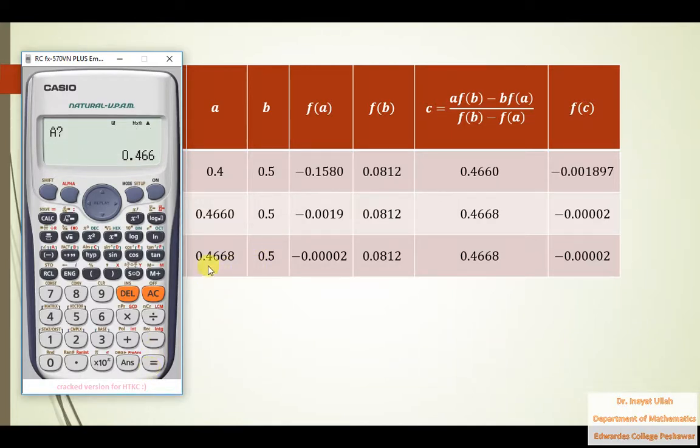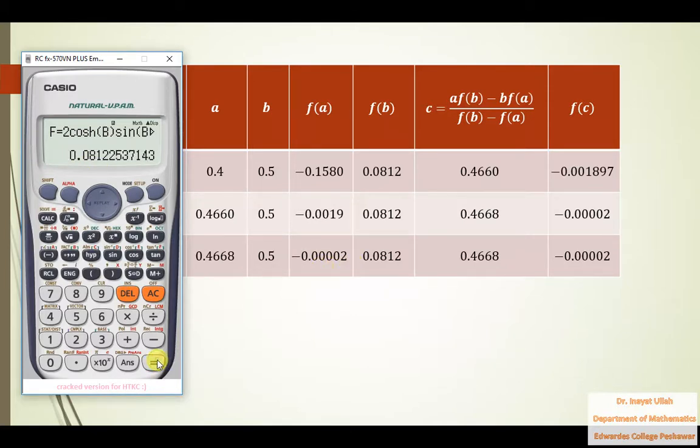A is 0.4668, equal to, B is 0.5, equal to. Now this is again f of A, so reduce this, and this is minus 0.0008.